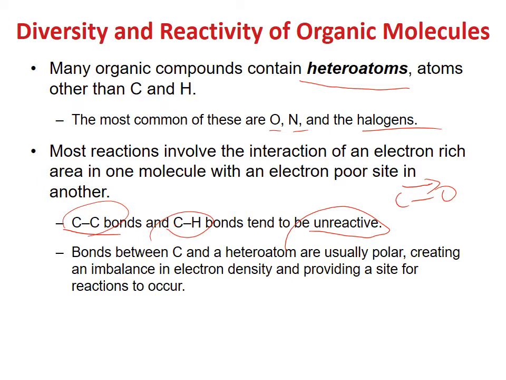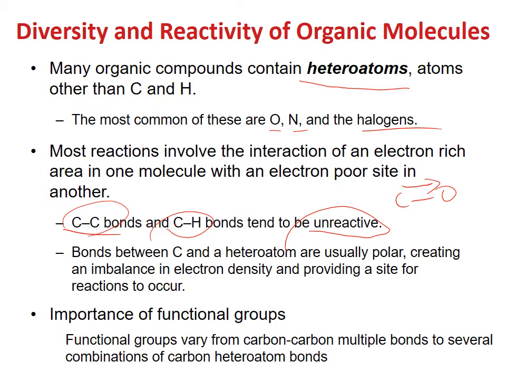So if a molecule contains pi bonds or carbon-heteroatom bonds, these molecules are reactive. And the groups containing these pi bonds and carbon-heteroatom bonds are called functional groups. Because functional groups contribute to the reactivity, they play a central role in organic chemistry.